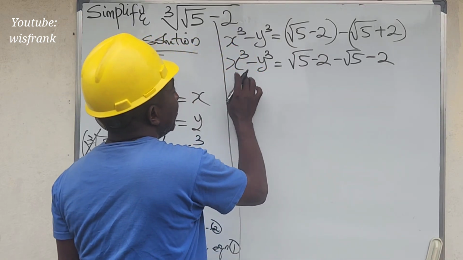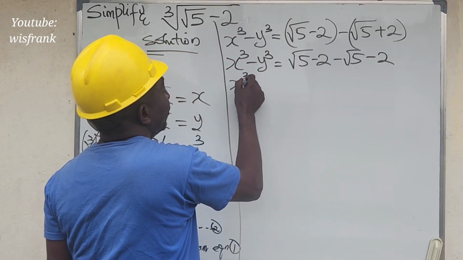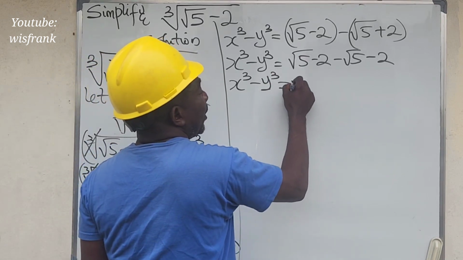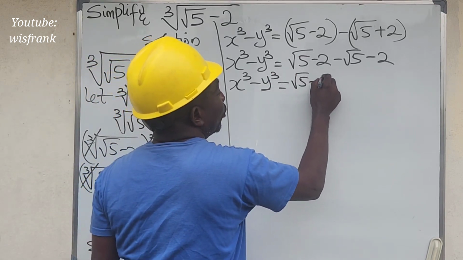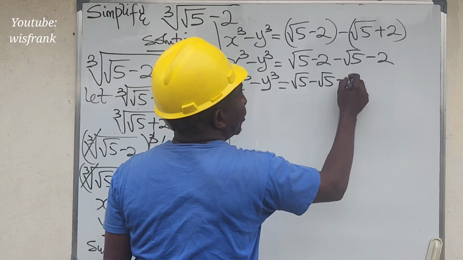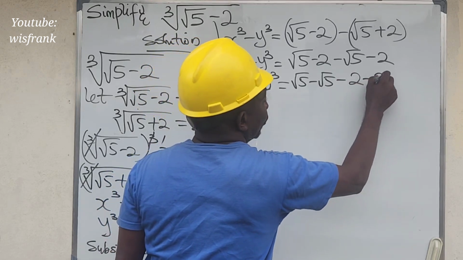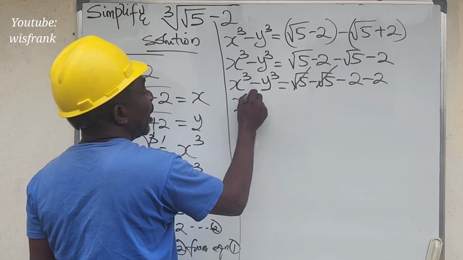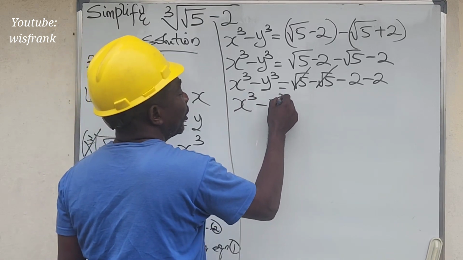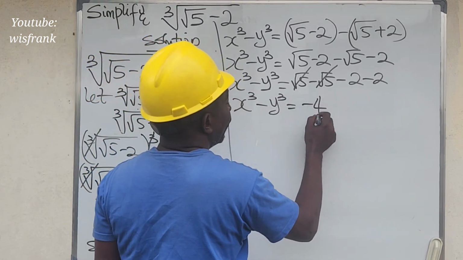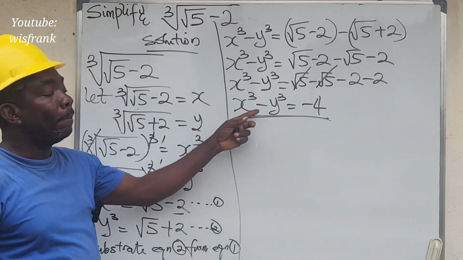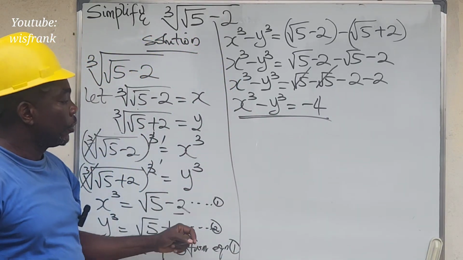So this is the same thing as square root of 5 minus square root of 5 minus 2 minus 2. The square roots cancel, and we are left with x to the power of 3 minus y to the power of 3 equals minus 4. So this is what we have.